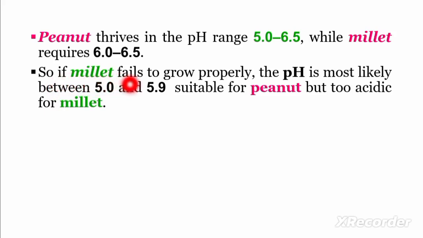So if millet fails to grow properly, the pH is most likely between 5.0 and 5.9, suitable for peanut but too acidic for millet.